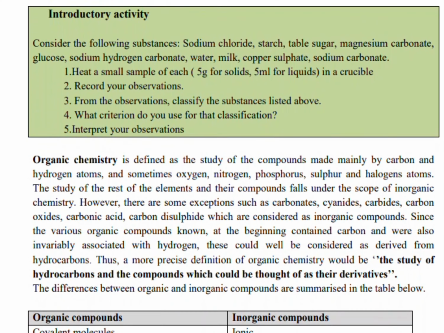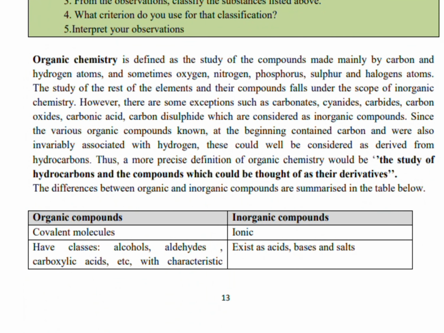Now, if we start with the definition, organic chemistry is the study of compounds made mainly of carbon and hydrogen atoms, and sometimes oxygen, nitrogen, phosphorus, sulfur, or halogen atoms.